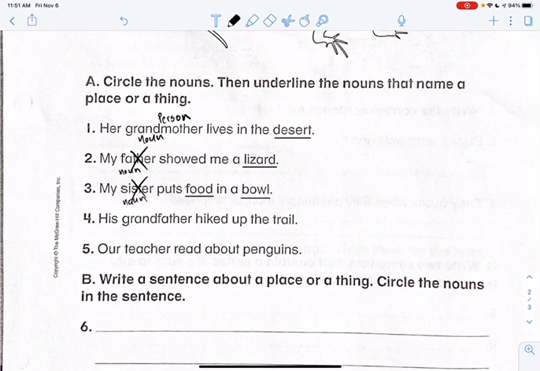His grandfather hiked up the trail. Is there a place or a thing in here? Of course, grandfather, that's a noun, but remember it's a person, so we're not including that.